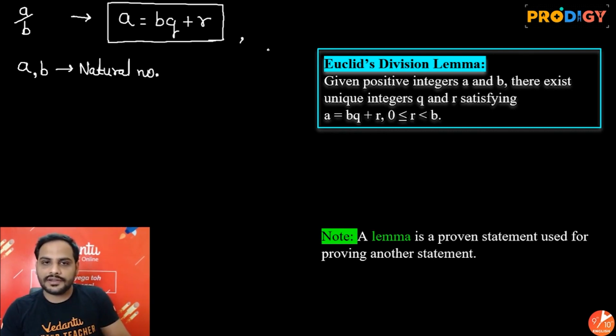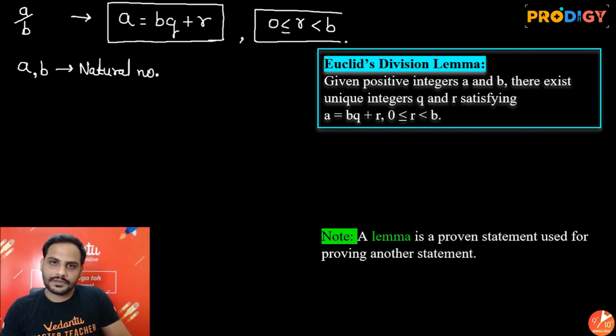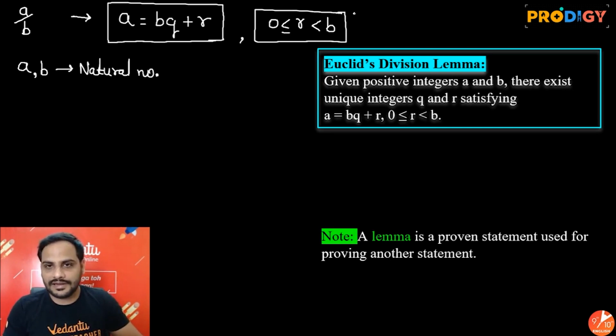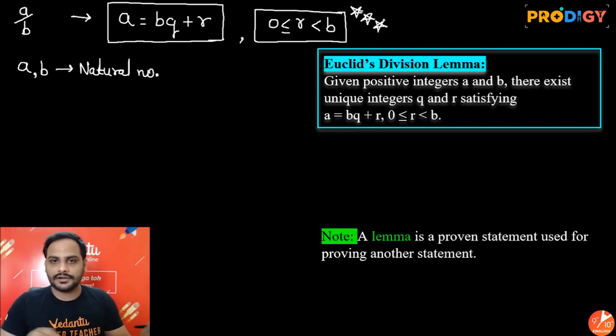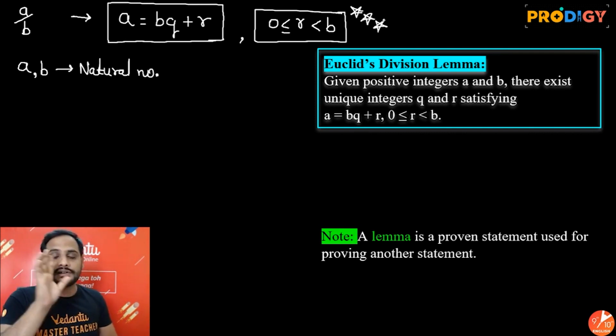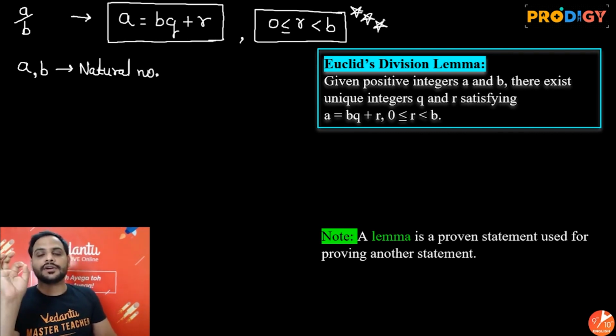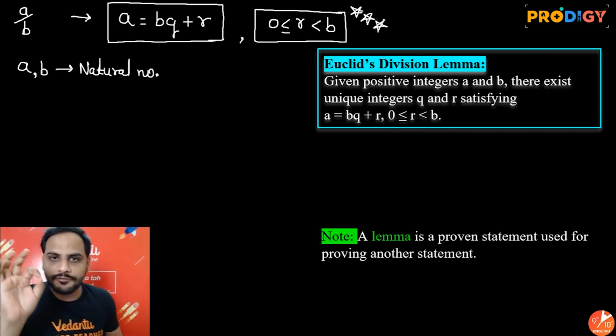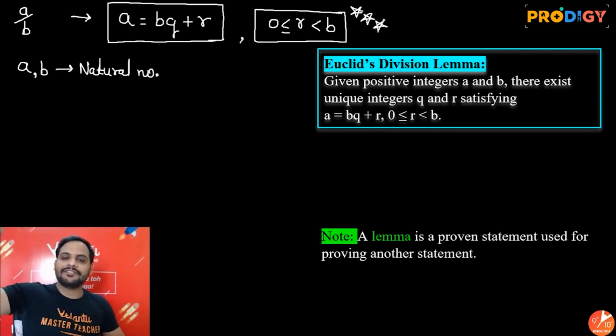And one more important thing is given over here, that r is greater than or equal to 0 but less than b. It is the most important point to understand in Euclid's division lemma, that the values of r will be from 0 till the value of b.